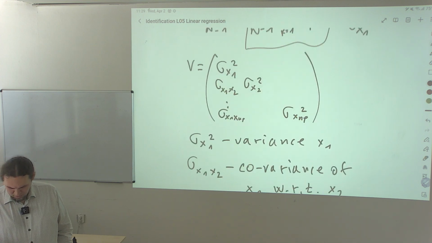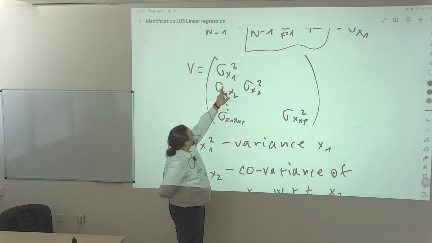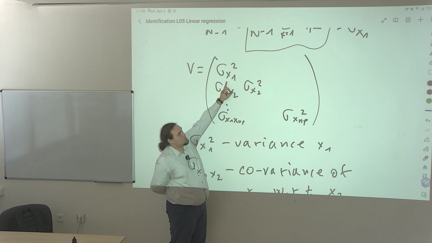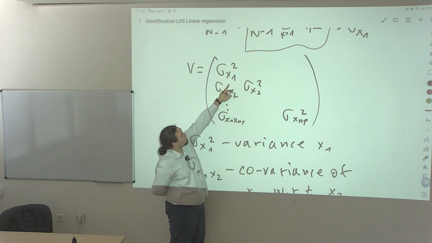How is this working? V11 is the variance of x1.